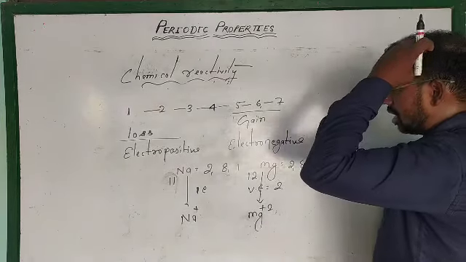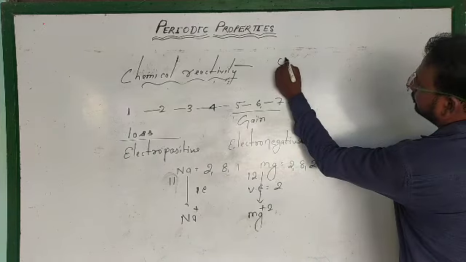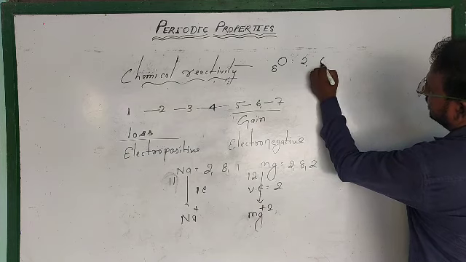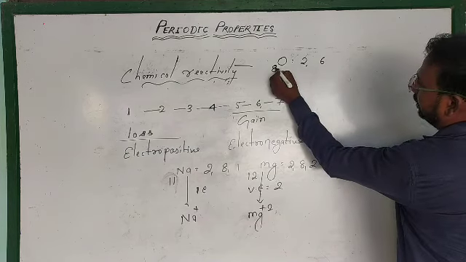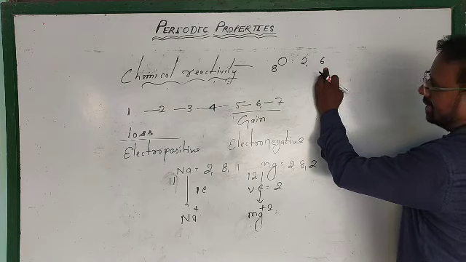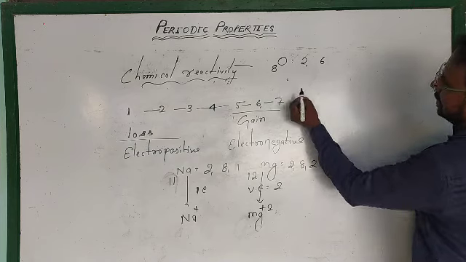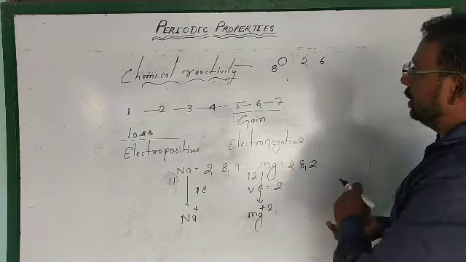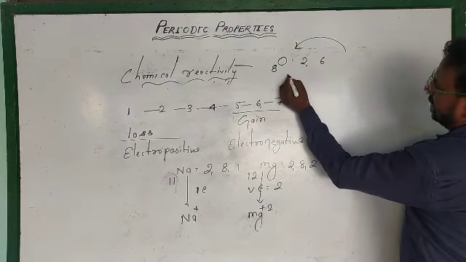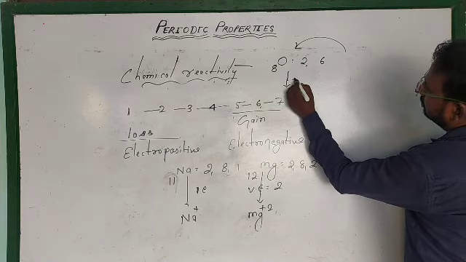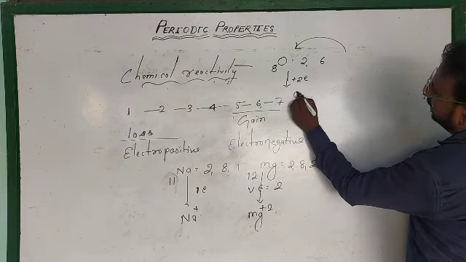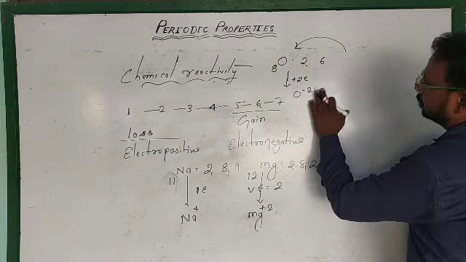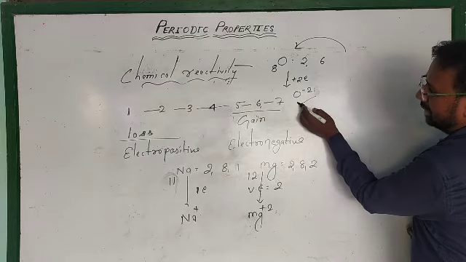Similarly, in the case of oxygen, its atomic number is 8, configuration 2, 6. Its valence cell has 6 electrons, and it is very difficult to lose 6 electrons to get the stable configuration. So it will gain 2 electrons, and it will carry a 2 negative charge, and this is an electronegative element.